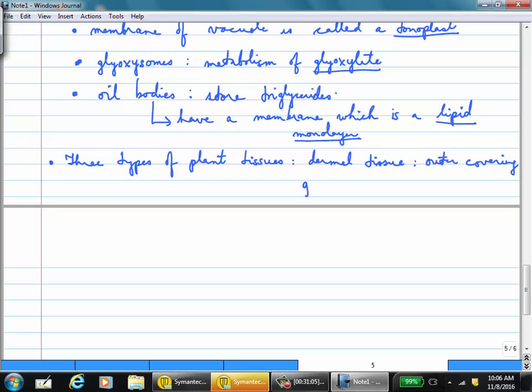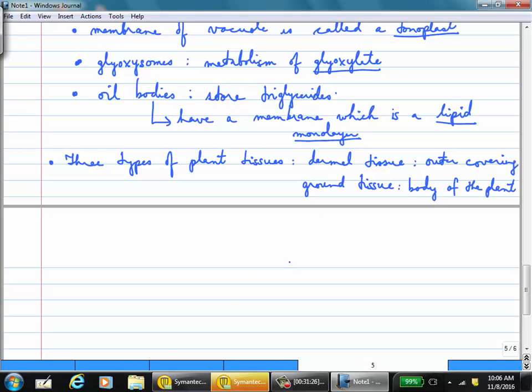Then you also have what is called ground tissue. That's the kind of tissue that makes up the body of the plant. Again, I'm just trying to give you the overview. There are lots of details associated with those. Even in the ground tissue, you will have different classifications and sub-classifications.